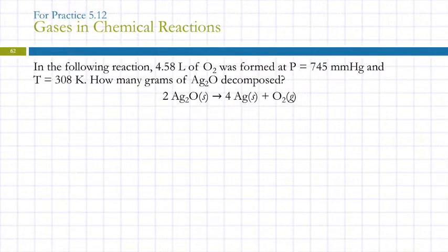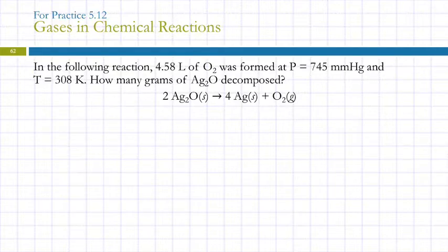In the following reaction, 4.58 liters of oxygen was formed at P equals 745 millimeters of mercury, and temperature equals 308 Kelvin. How many grams of Ag2O decomposed? So let's use the equation to organize this information.